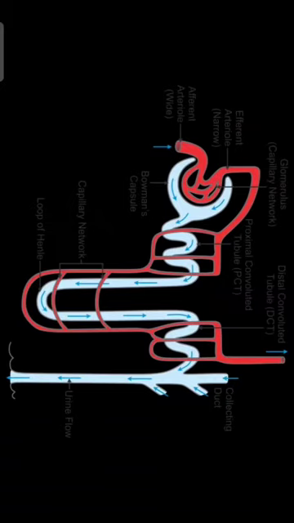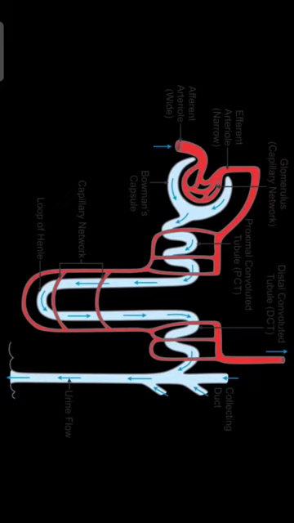In the glomerulus, the purification of blood takes place. Only the plasma content of the blood is filtered here, not blood proteins or blood cells. The purified blood goes away through the efferent arteriole.